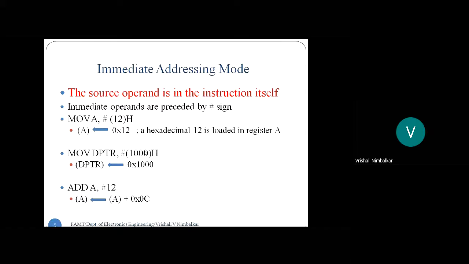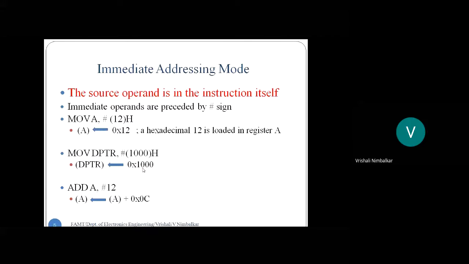There is a 16-bit number which is to be operated upon. Forget whether 1000 is an address or data, that is not important here. There is some number 1000 which is to be copied into DPTR. What DPTR is doing will be looked at in other instructions. DPTR is a pointer.